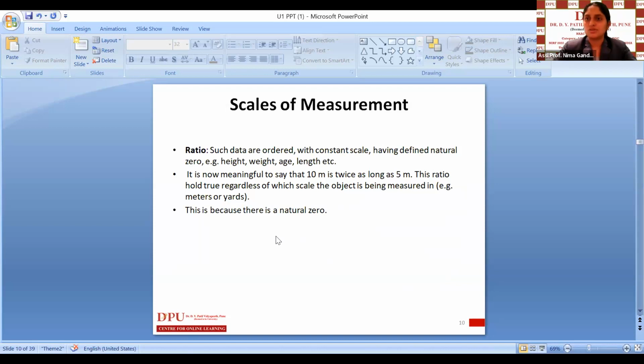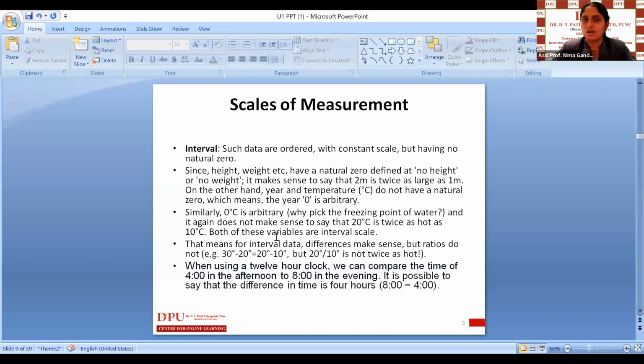What I was telling you, with 20 degree centigrade, you don't know the natural zero. You might be measuring from -5 to 20. Your measuring might be -17 to 20. So you don't know the natural zero at that place for the interval scale of measurement. So you cannot say 20 degrees Celsius is twice hotter than 10 degrees Celsius. If you are measuring it from zero, you can say it, but we don't know the natural zero here. So you cannot say it directly.